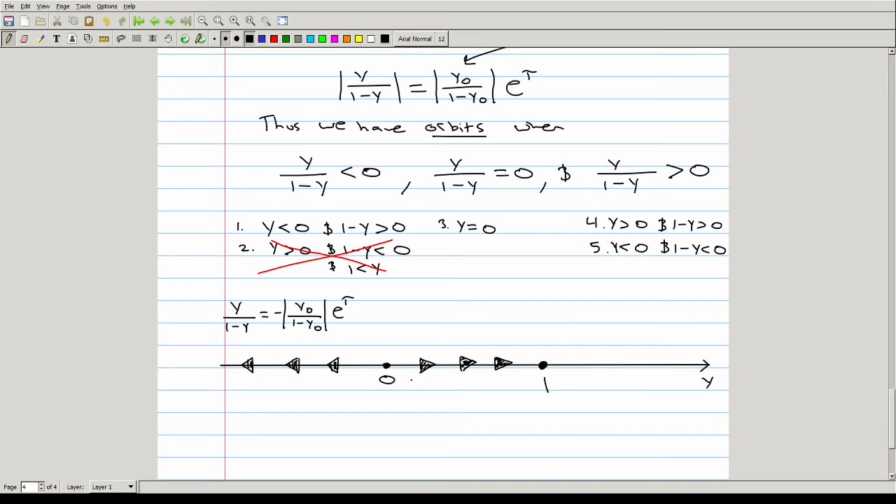On this interval, we have an exponential increase up to 1, which is the maximum population level. And if you continue on and look at initial conditions above 1, the solution will decrease down to this value 1 right here.